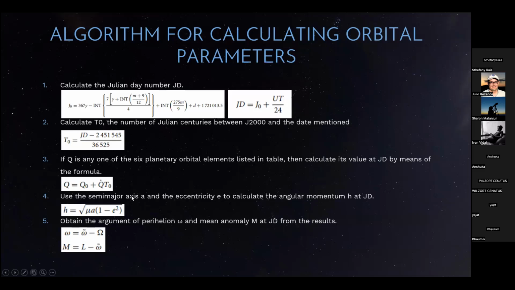And then the semi-major axis is calculated, and then the angular momentum at the Julian day is calculated using this formula. Then after that, the argument of perihelion and mean anomaly M at Julian day are calculated from the following formula.